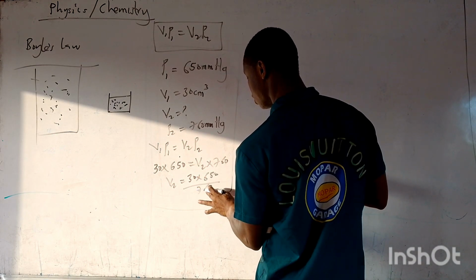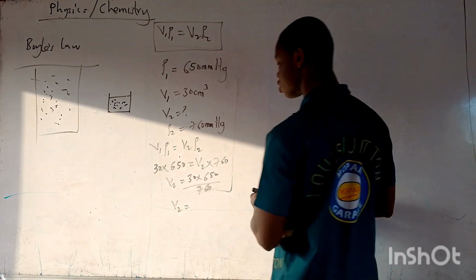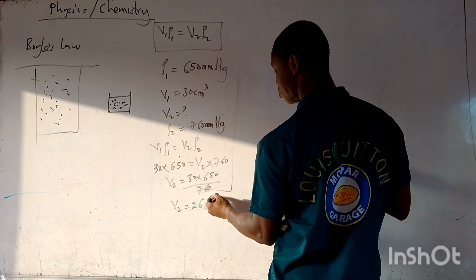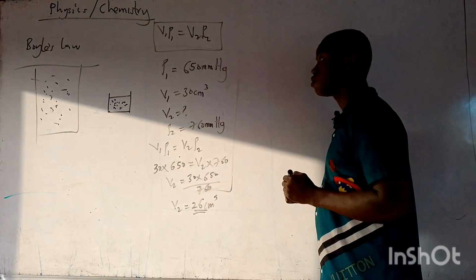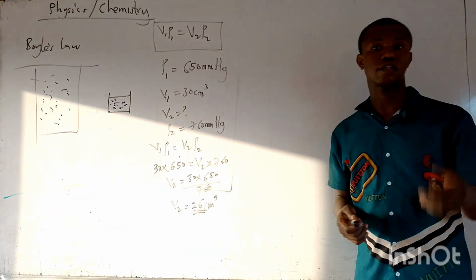That gives us V2 equal to 26 centimeter cube. That's easy enough.